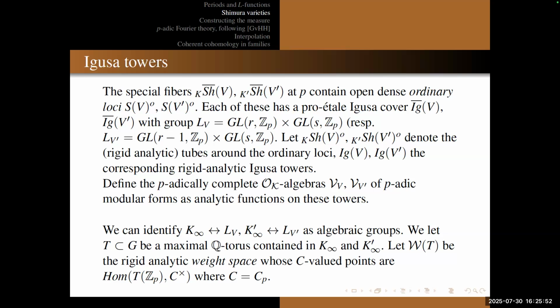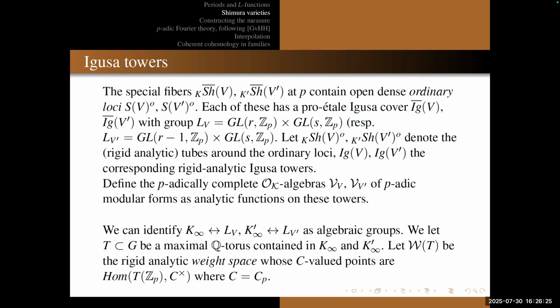These are isomorphic as algebraic groups, over the algebraic closure, to the covering groups of the Igusa cover. And this is part of the structure. And so we can choose a maximal Q-torus contained in the maximal compact subgroup, this is the theory of CM points. And we can think of this also as a maximal torus in the p-adic covering group.